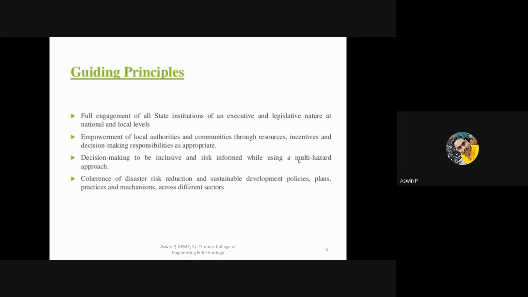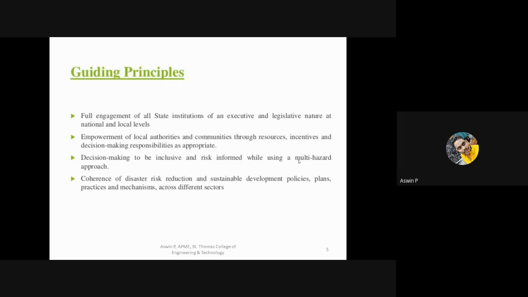The disaster management authority, at district level, national level or state level, should take their suggestions and give instruction guidelines for their working. That is police, military, and hospitals. In every case, the sustainable development policy, plan, and mechanism should all be made with the suggestions or active participation of all these different areas.